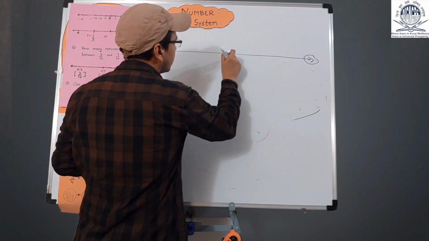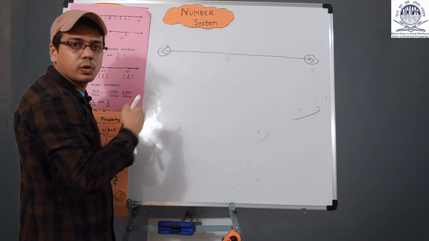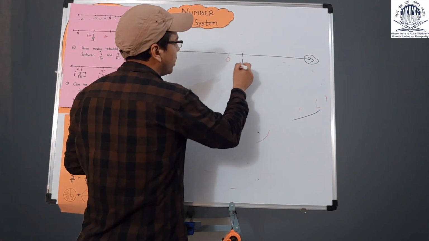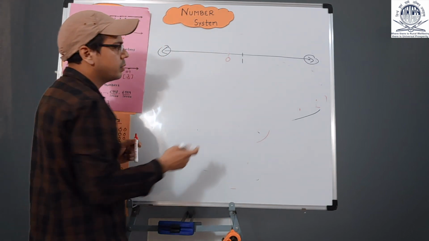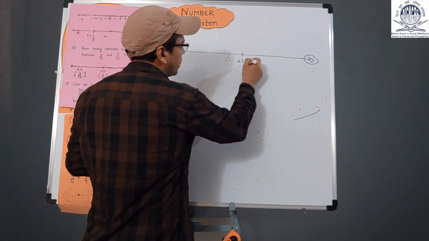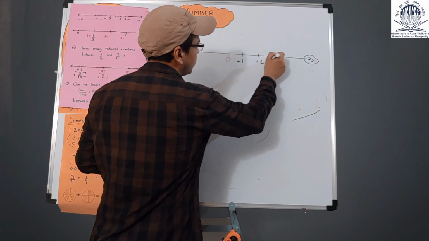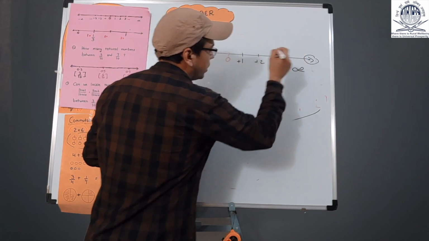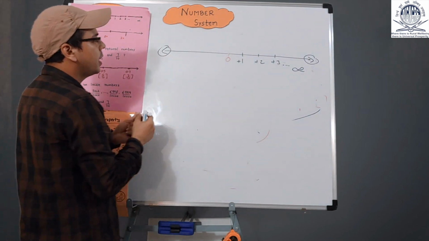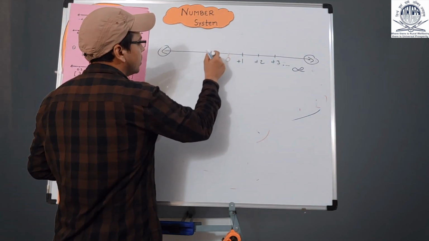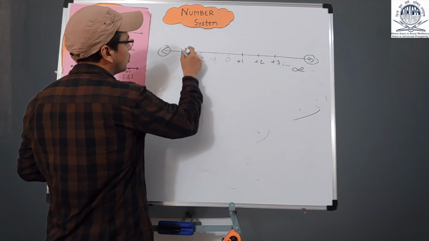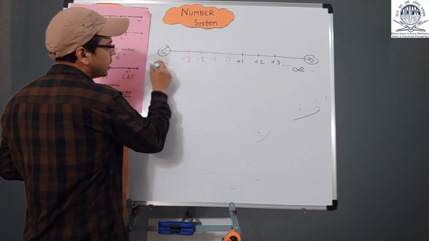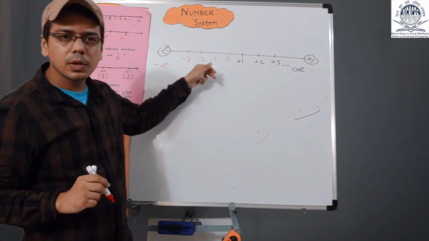On the right hand side I'll put a few more numbers, like 1, and we know by now that they're positive numbers. So I have +1 and +2 and +3, and it will keep going till infinity. Similarly on the left hand side I'll take the numbers -1 and -2 and -3, and obviously they will keep going till -infinity. So this is one of the number lines.